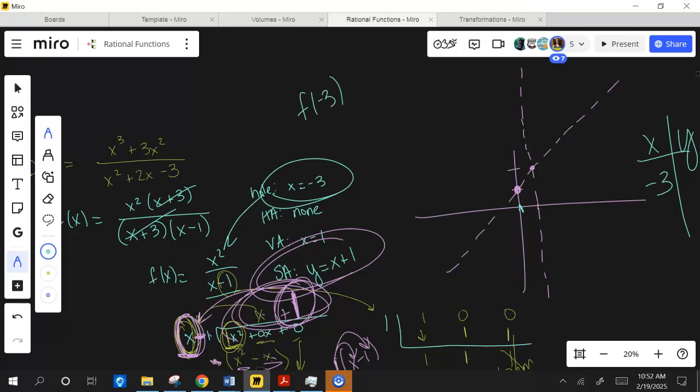Well, f of -3 after I take out the hole would be 9 over 2, right? Nope, it's -3. Sorry. -2.25. So 1, 2, 3, 1, 2, 3. It's going to be somewhere around here. And you'd have another point in here so that you could pick up the pattern.